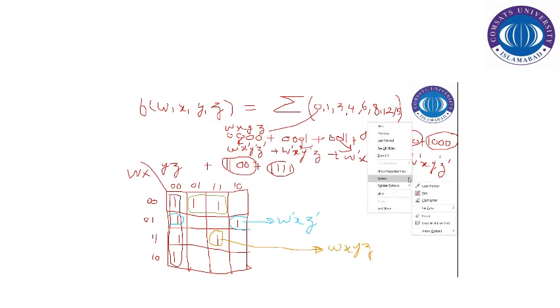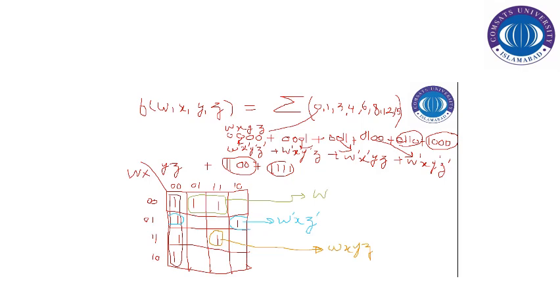Now coming to the third group, this one. W and X are not changing, so we are getting W prime and X prime here.